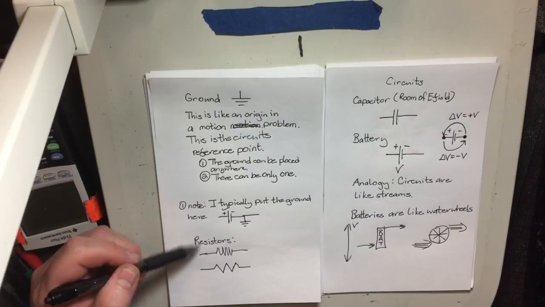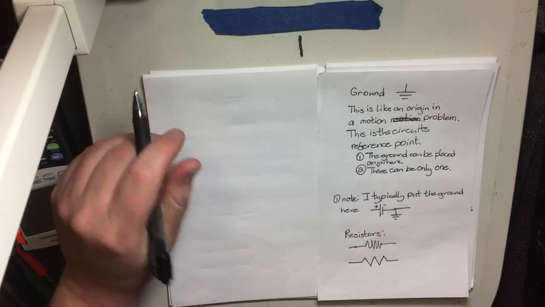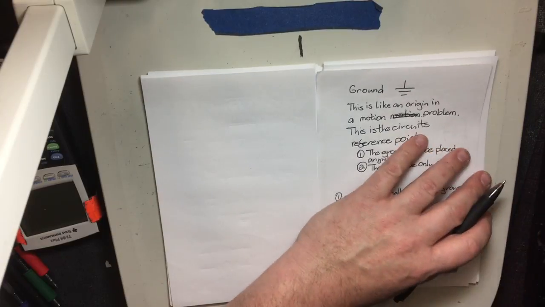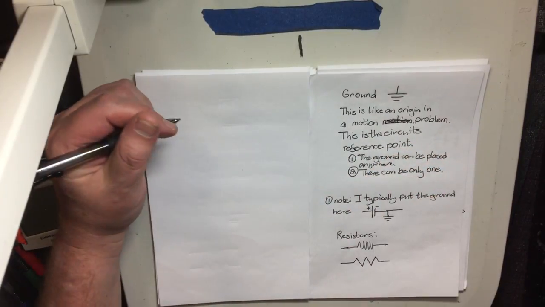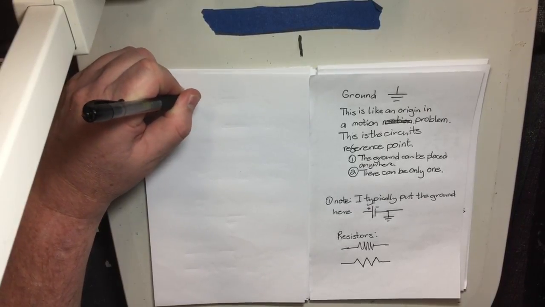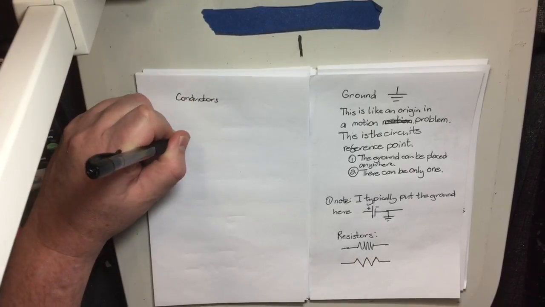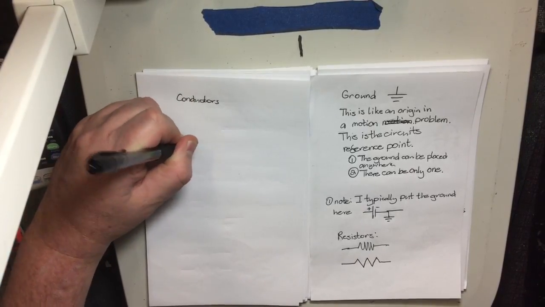And resistors are like, let's talk about, we kind of dabbled in this at the beginning for electrostatics. You have conductors and insulators.